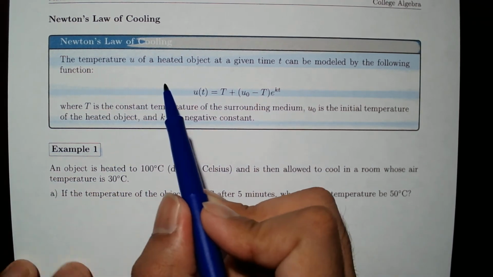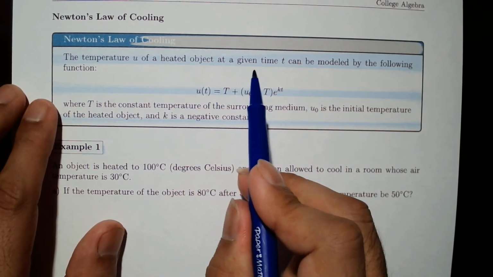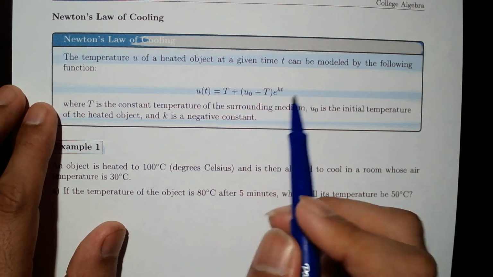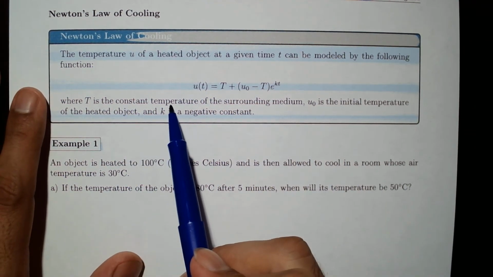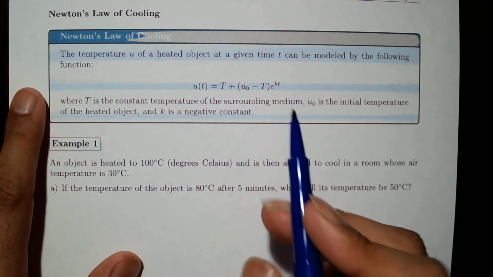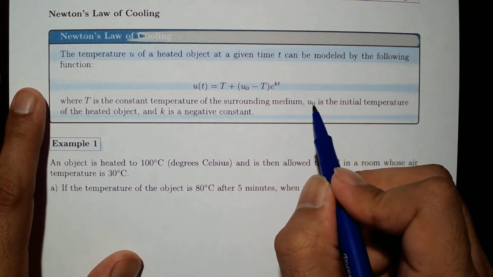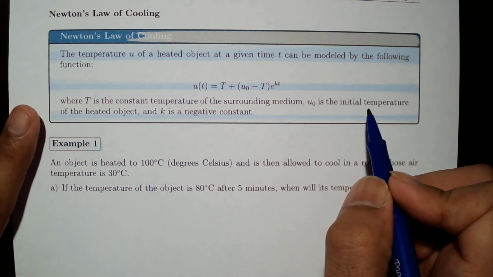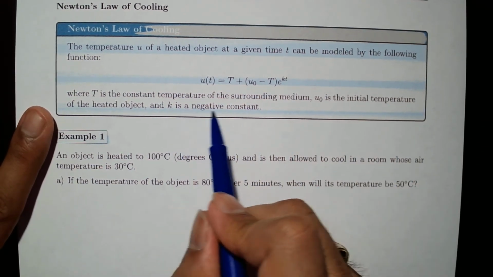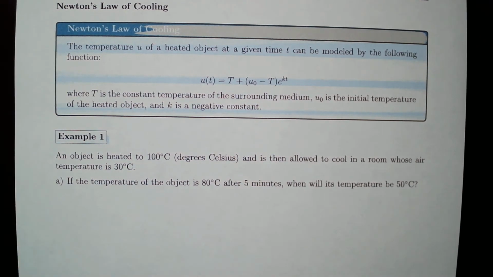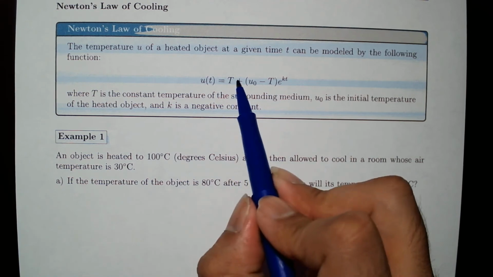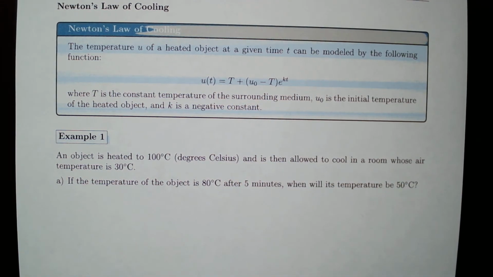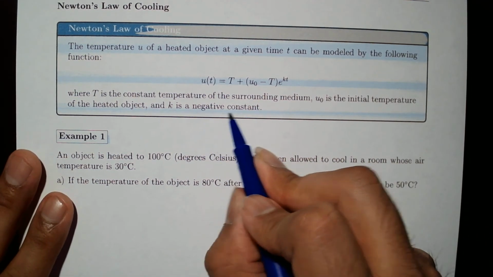The temperature U of a heated object at a given time t can be modeled by this function, where big T is the constant temperature of the surrounding medium, U sub 0 is the initial temperature of the heated object, and k is a negative constant. The reason why this is a negative constant is because when we heat an object, let's say we heat a pizza, we take it out of the oven to the room temperature, which is this big T, a constant, and the temperature is going to go down. It's going to cool. That's why it's a negative constant.